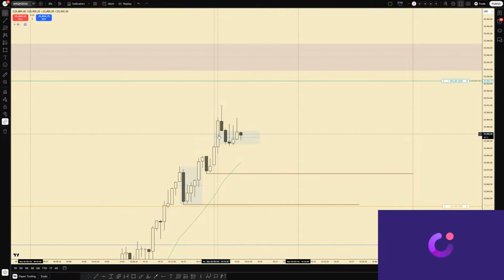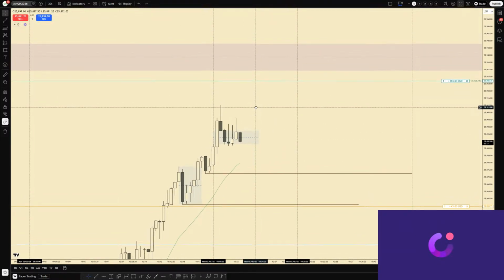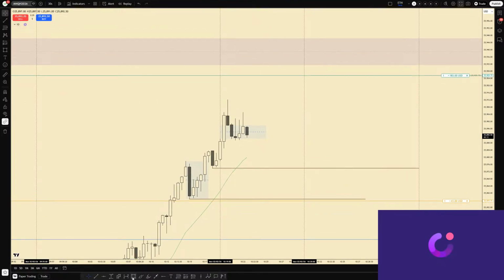We don't want to see price going below this too much. And if price decides to make a little bit of retracement, then this gap and this little block is another support level.